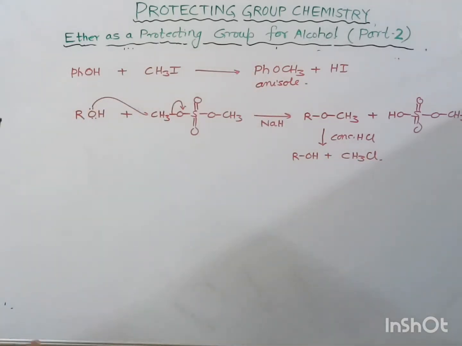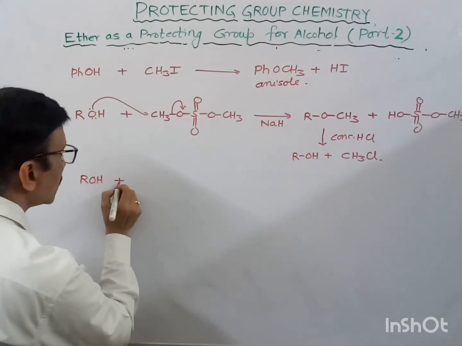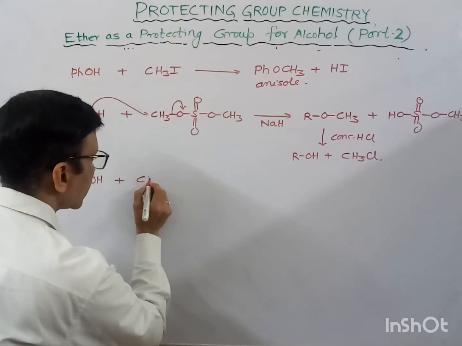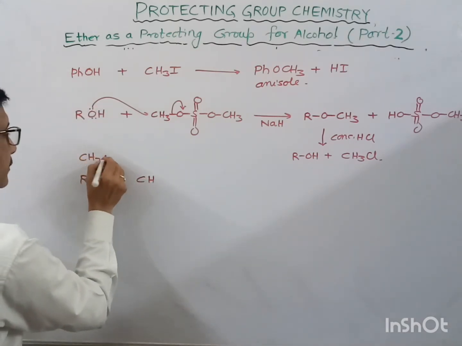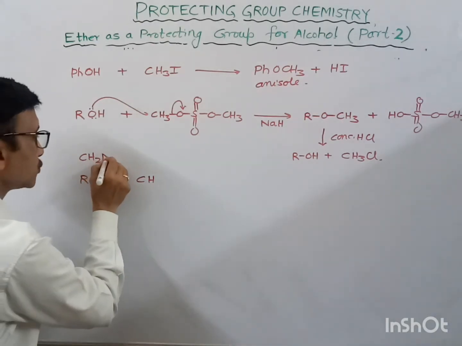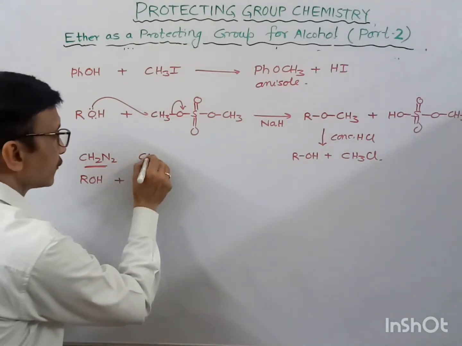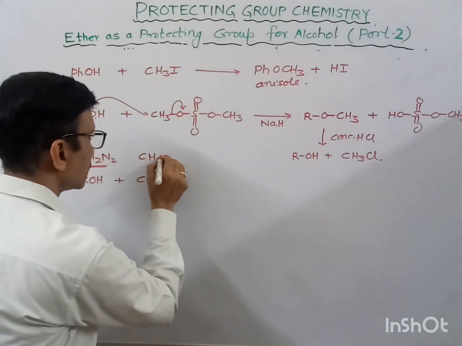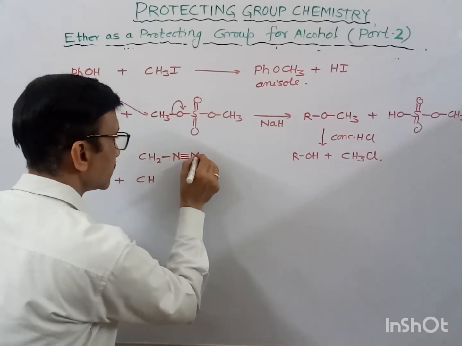In the same way, we may use diazomethane. Suppose we have an alcohol, then we may use diazomethane. This diazomethane may act as an electrophile as well as a nucleophile. So if we have CH2N2, this is diazomethane. If I write the structure, it looks something like this.